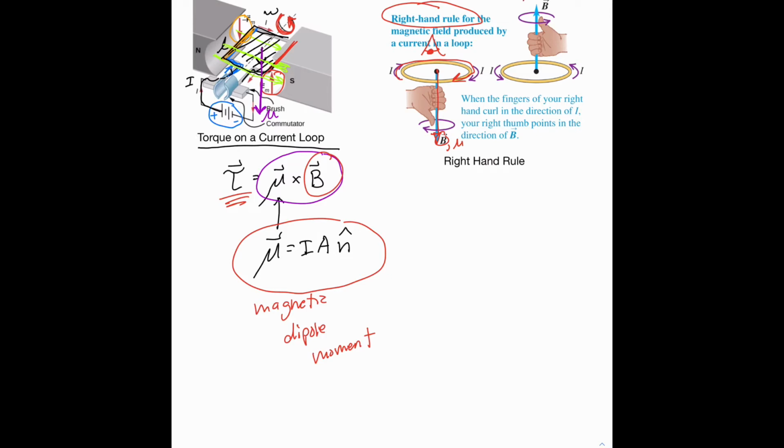And when the eyeball looks down on the current loop, if we express the current as counterclockwise, then the magnetic dipole moment or the magnetism both point upward.